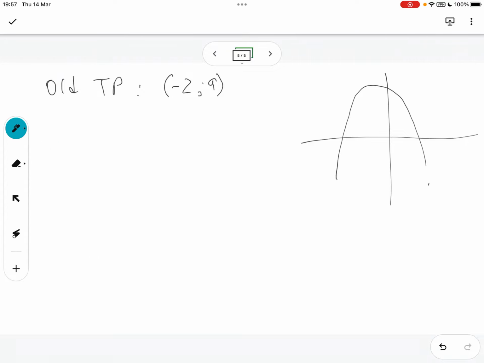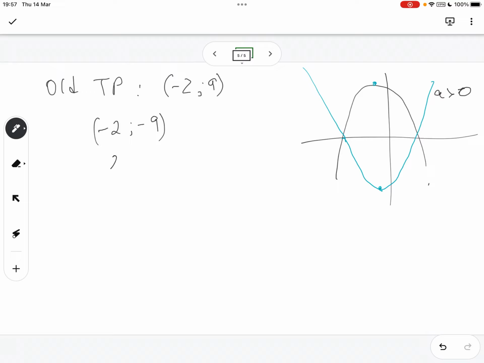That means if we're going to just mirror our parabola, which looks like that, then it must look something like that. So this point must go down there and everything else pretty much stays similar, which means the new turning point would be -2, -9.